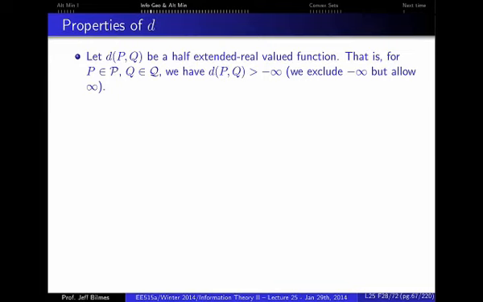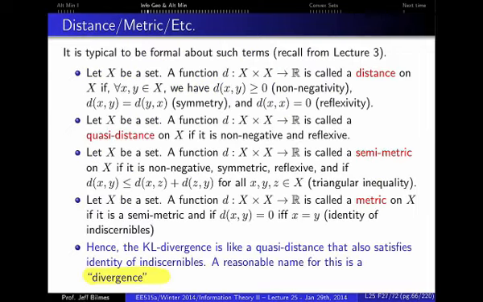Okay, so properties of D. What do we need for our D? None of these are sufficient alone to allow alternating minimization to converge. We need something else, which is called the 5 points property. So we could call it a 5pp quasi-metric that satisfies the identity of indiscernibles.